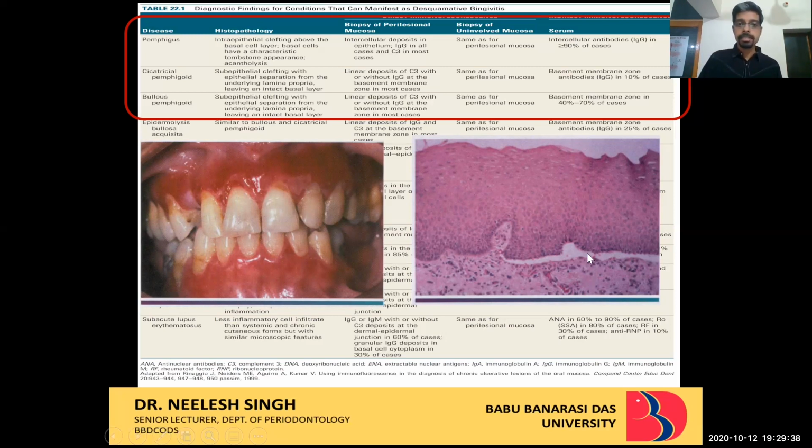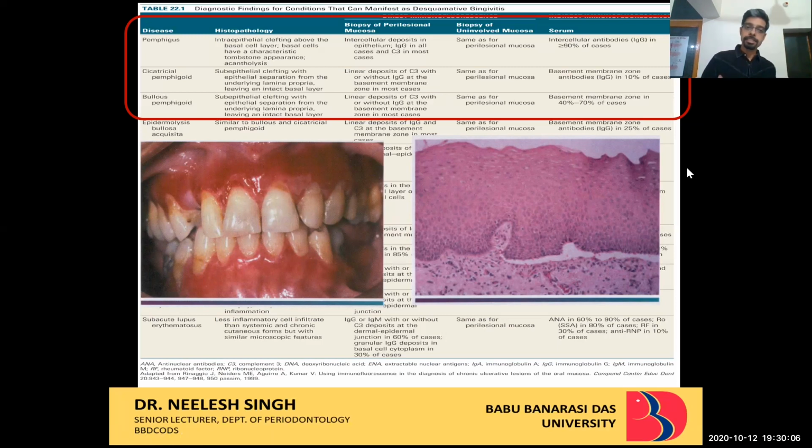Now, if we consider direct immunofluorescence, both are showing the same characteristics. I'm reading it: linear deposits of C3 with or without IgG at the basement membrane zone in most of the cases. Both are the same. IgG antibody is found in both cicatricial pemphigoid lesions and bullous pemphigoid lesions at the basement membrane.